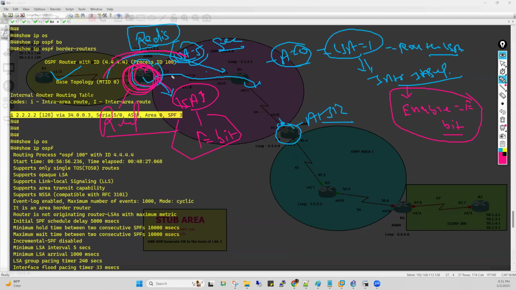And when this LSA number 1 reaches this router, it will get to know. Genuinely, this router does not need it, because it is directly connected. But yes, this router also gets to know this router is the ASBR because of that E bit. And the same, this router also gets to know about this router through the E bit. Understand, guys? Anyone who is not able to understand, let me know.